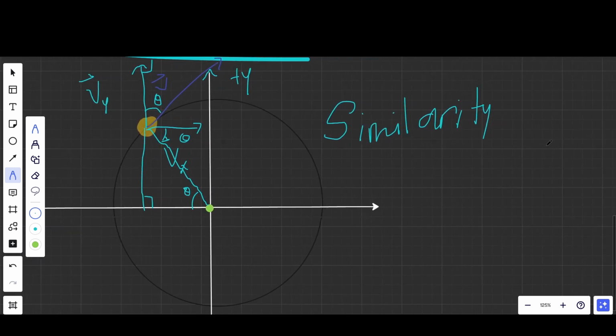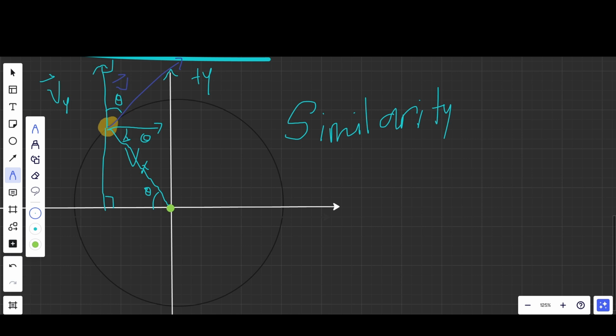So what we can say is that the vector Vy is to V as X is to R. This is R and this is our X, because they are similar. If we write that in vector notation, it will look something like this: Vy over V is equal to X over R.